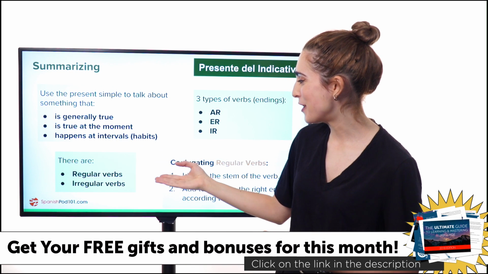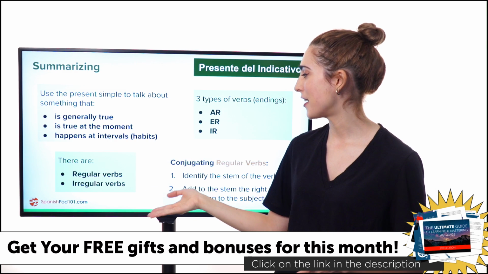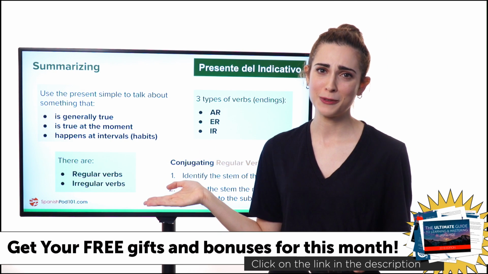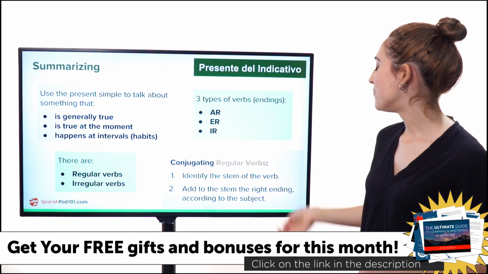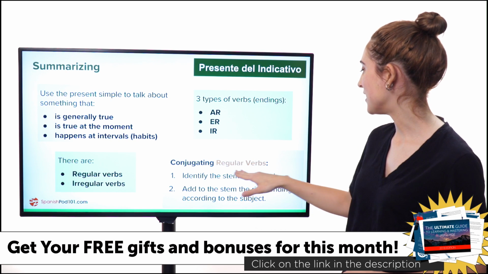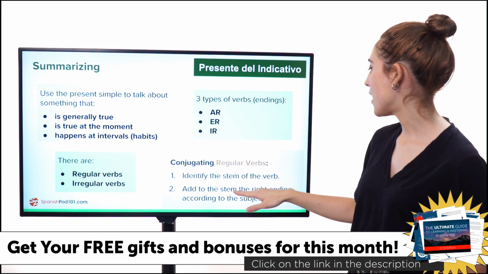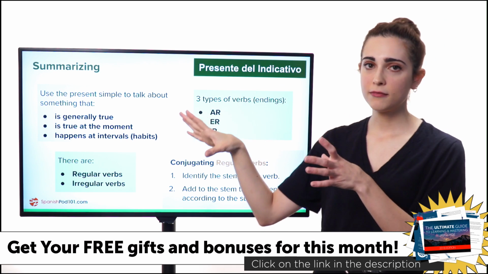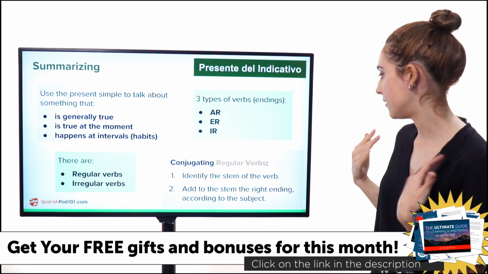We have regular verbs that follow the same pattern to conjugate them, and irregular verbs that are a bit special and you just have to memorize them, unfortunately. To conjugate the regular verbs, we identify the stem of the verb by taking out ar, er, or ir, and then we add the right ending, depending on the subject of the sentence.